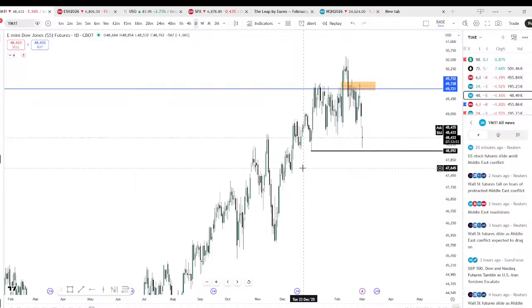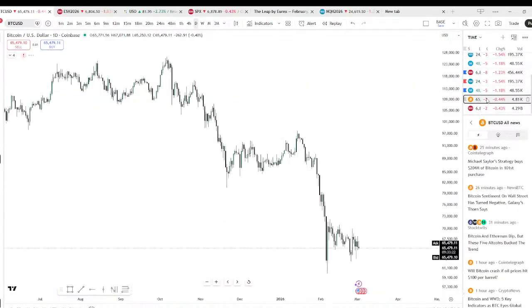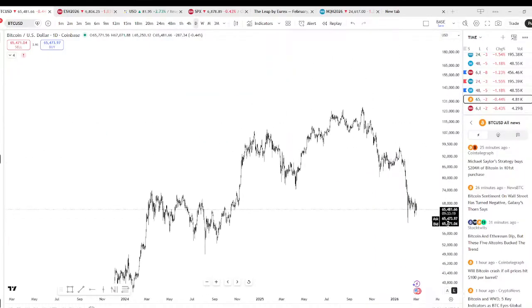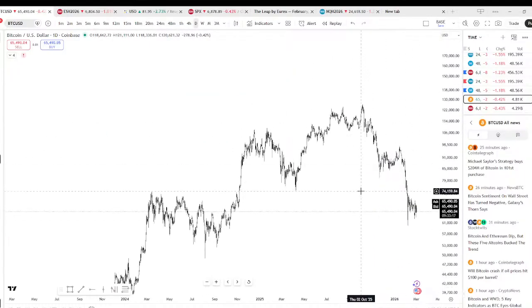So we have 4 minutes until the open. We'll see what happens here. Bitcoin was slow since the drop.